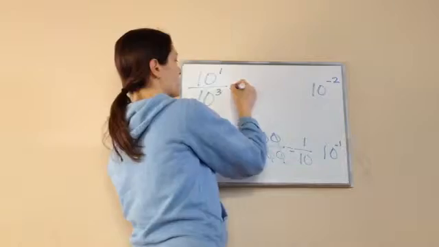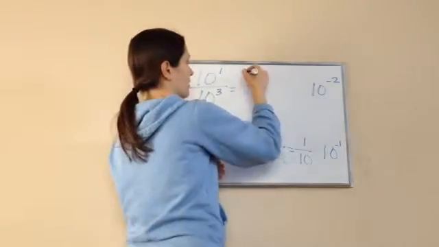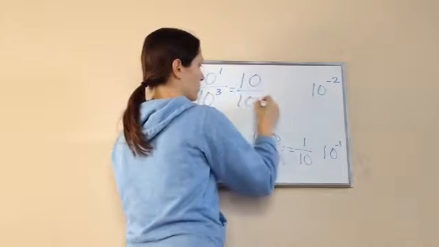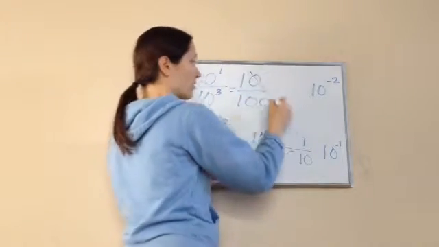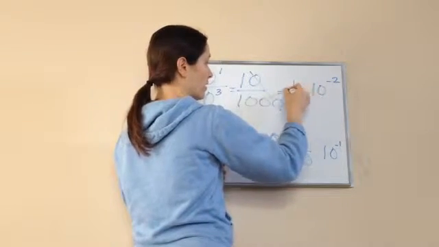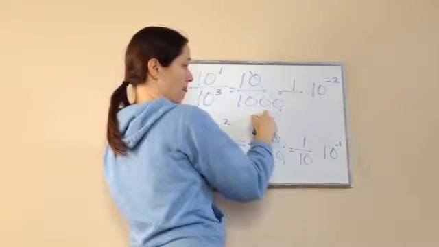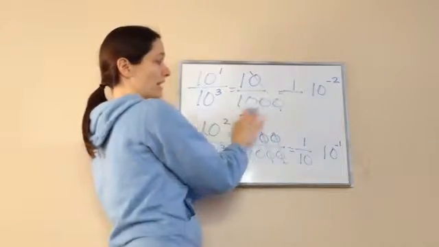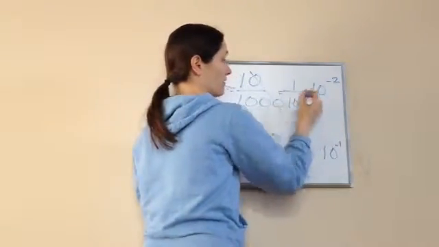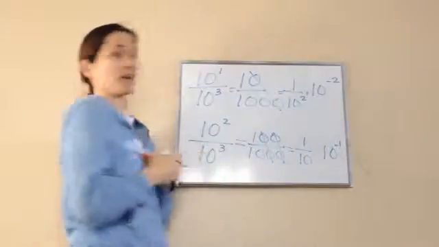Now let's work it out the standard way. 10 over 1,000. 1 0 over 3 zeros. Cross out, 1 over 100, which is what as an exponent? 10 to the second power.